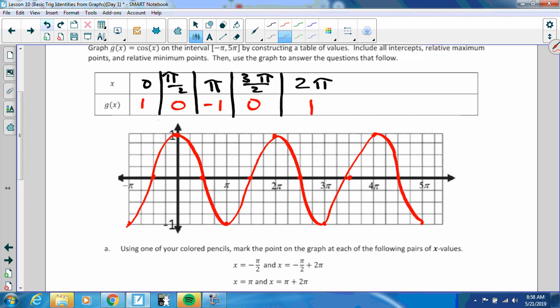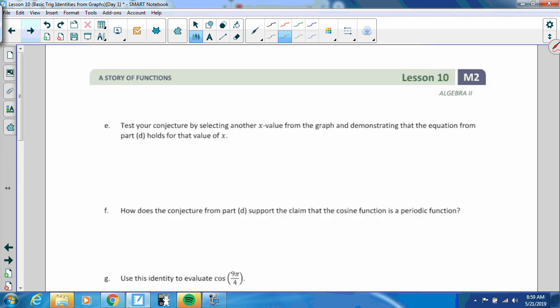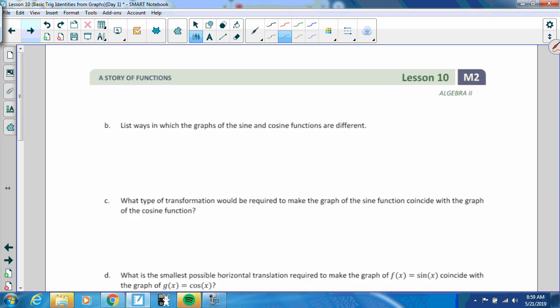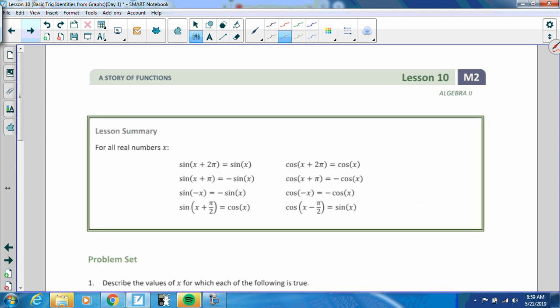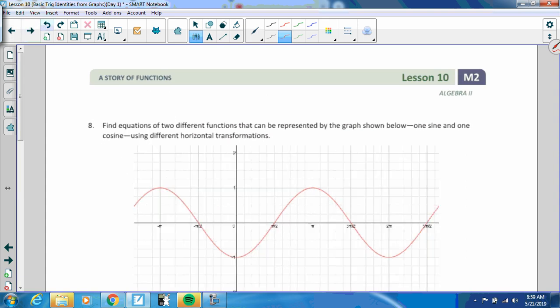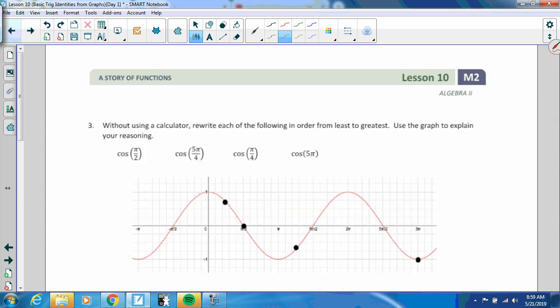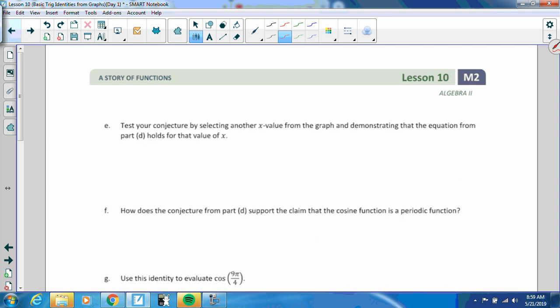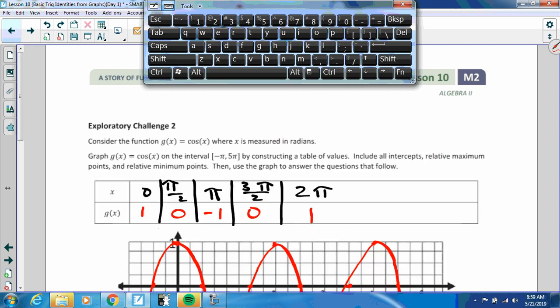Let me ask you this. Here's your homework, and we're going to make this due on Thursday. Turn to, where is it? The problem set. Is it on the problem set? Exploratory Challenge 3. Bottom of the page, whatever. Is it at the bottom of that same page?